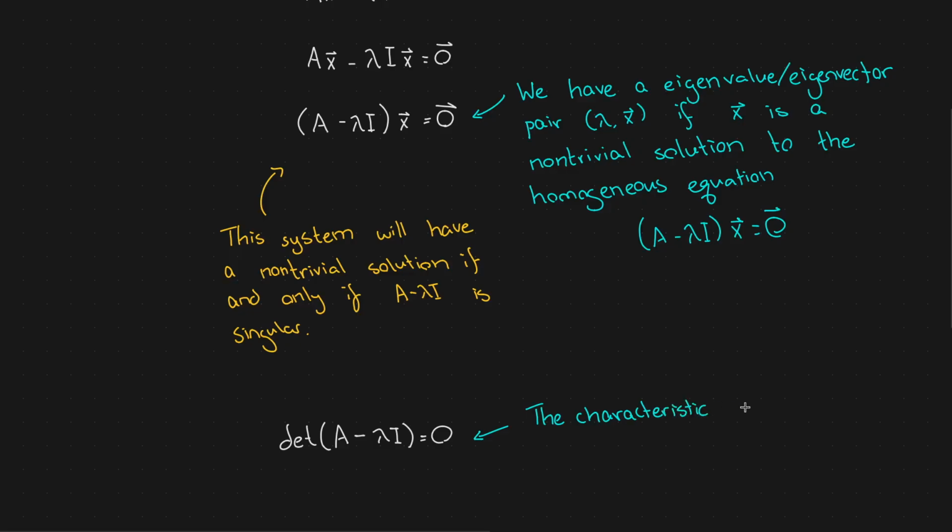Characteristic equation. The solutions lambda to the characteristic equation are the eigenvalues of the matrix.